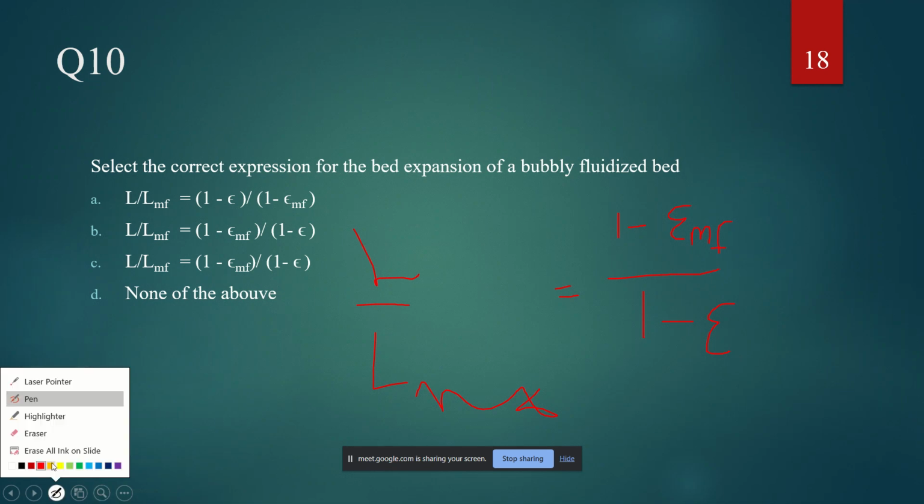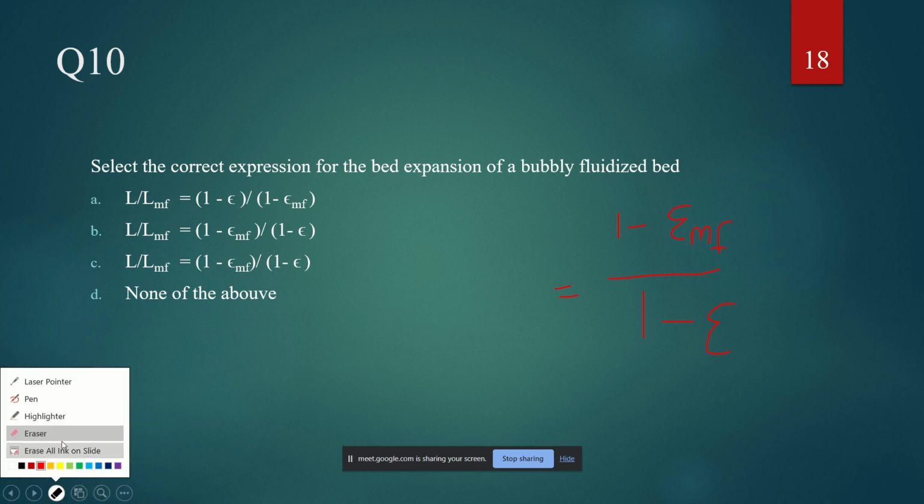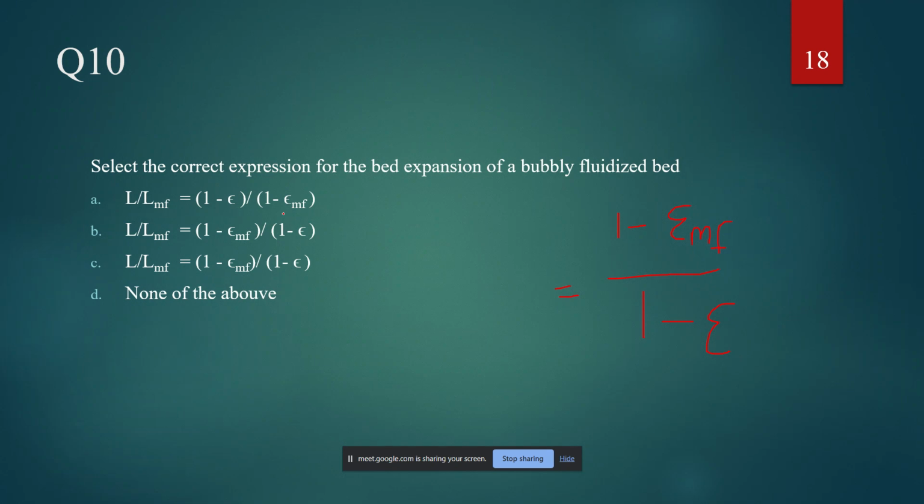So you can see that L into 1 minus epsilon is equal to LMF into 1 minus epsilon MF. That's what we see, right? Since they are equal, it is given as a ratio. L by LMF is equal to 1 minus epsilon MF by 1 minus epsilon is the right answer.